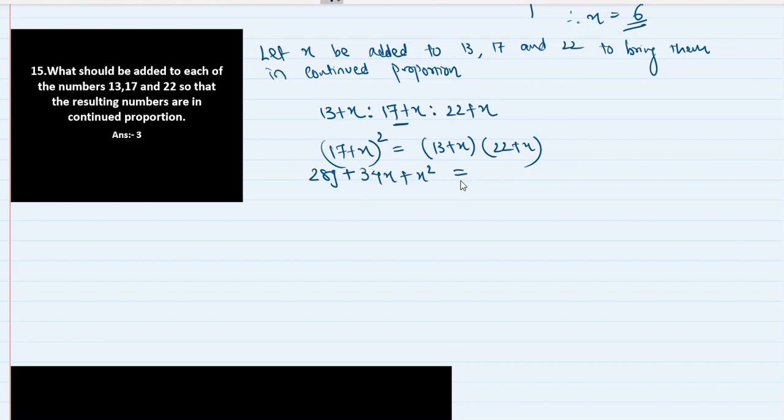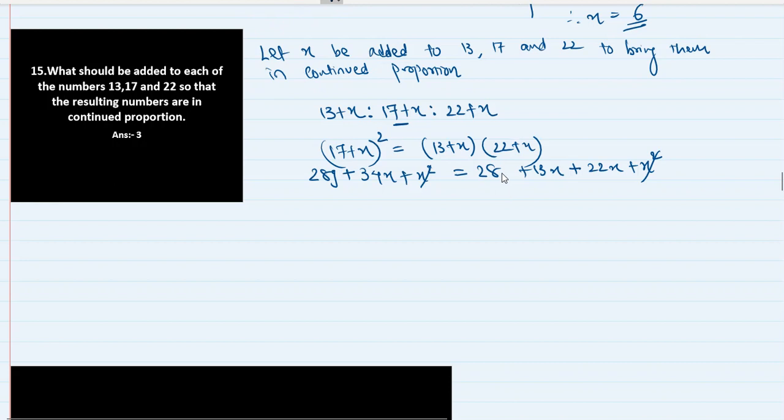Okay, now 13 will be multiplied by 22. You get 286 plus 13x plus 22x plus x square. X square will right away cut. Hey, 13 multiplied by 22 is 286, not 280.